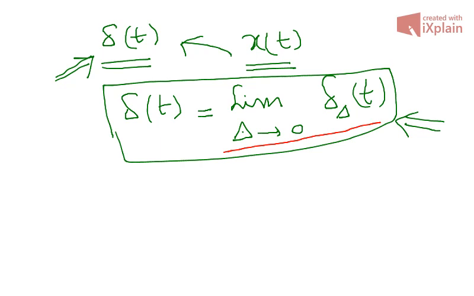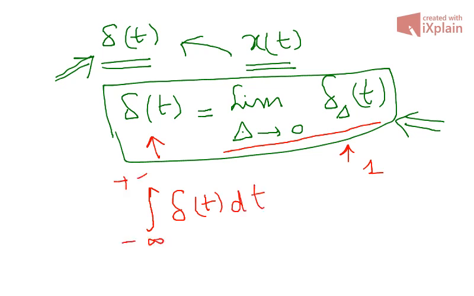Once you know this, you should be familiar with the fact that the area of this pulse is unity. It means if I integrate delta of t from minus infinity to plus infinity, it would give me unity, right?